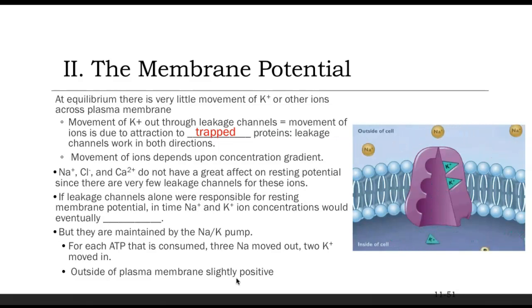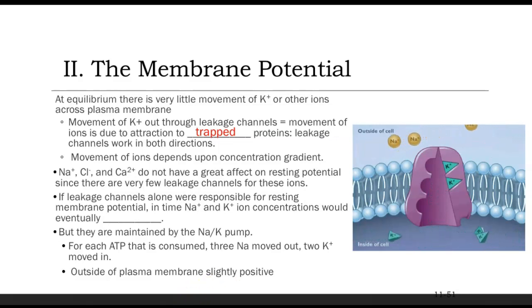Wherever there is a lot of a certain ion, it's going to want to move to an area where there is less concentration of that ion. Our sodium, chlorine, and calcium that are found extracellularly don't have a great effect on the resting membrane potential since there are few leakage channels for them.